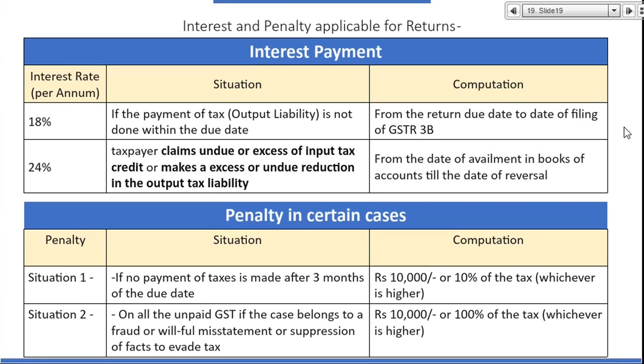If I have a fraud, like I know that there is a liability and I am not paying the liability knowingly, then in case of fraud, misrepresentation or willful suppression of facts, my penalty is 100% of the tax or 10,000, whichever is higher. So understand, if you delay payment of tax by 3 consecutive periods of GSTR-3B, there is a penalty attached to it.